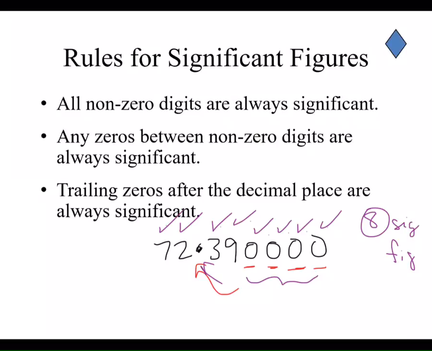And I kind of liken or tell students that it works like this. I'm going to put a pounds there. I'm going to say that it was 72.390000 pounds. And can you see where this particular person, I mean, that's a heck of a scale.